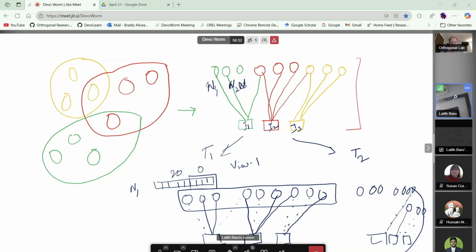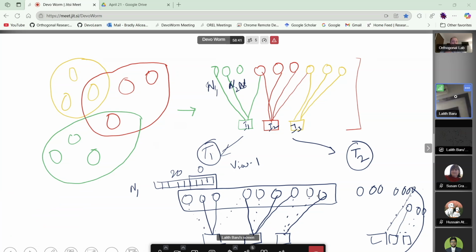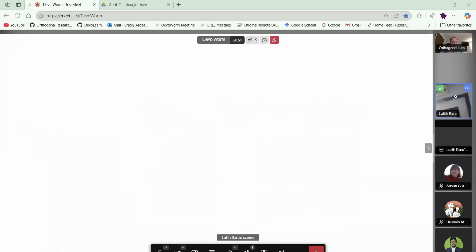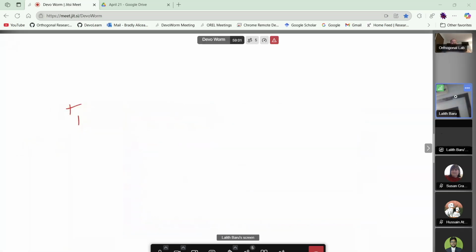So now we have transformation 1 and transformation 2. In the next step, we give them to a graph neural network or hypergraph neural network, and it gives us the representations, R1 and R2.